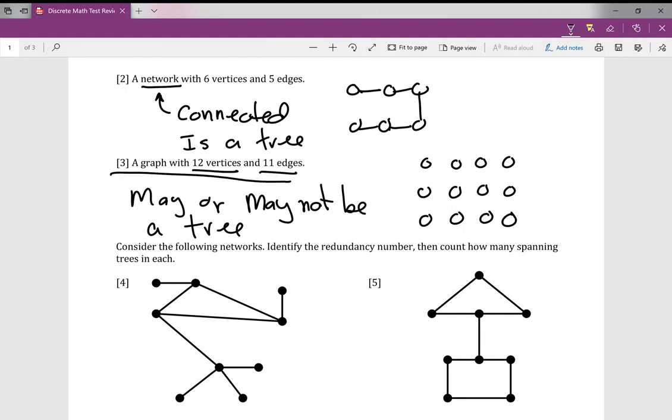We see that the word connected is not used here, so we can draw this connected or not connected. If we draw it connected, it will be a tree. If we draw it not connected, it won't be. 1, 2, 3, 4, 5, 6, 7, 8, 9, 10, 11 edges connected. But if I take this one away and draw it this way instead, then it has a circuit and it's not connected, which is why it may or may not be a tree.